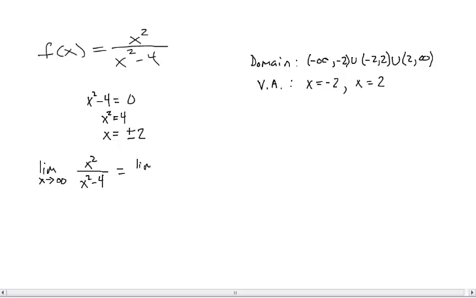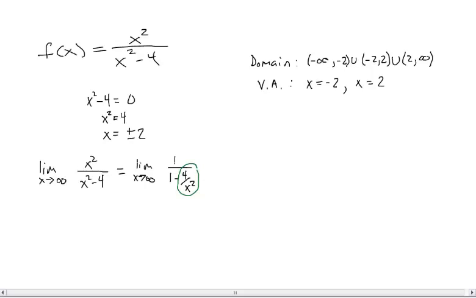So we have limit as x goes to infinity of x squared divided by x squared is equal to 1. And x squared divided by x squared is equal to 1 again, minus 4 over x squared. And that 4 over x squared term goes to 0. So we can go ahead and circle that to remind us that that's 0.